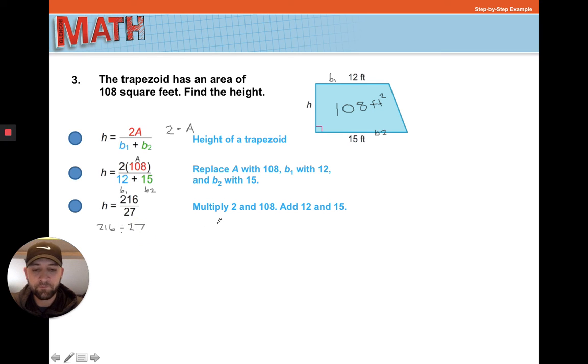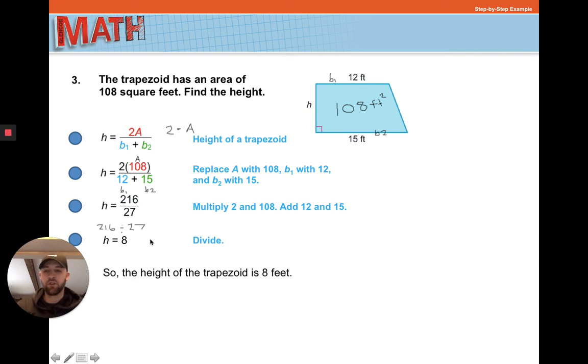When we type it in our calculator, you should get the height is 8. We want to make sure we have those units on there, and we're talking about 8 feet. We're not finding the area, so it's not going to be feet squared. We're finding out what is the height.